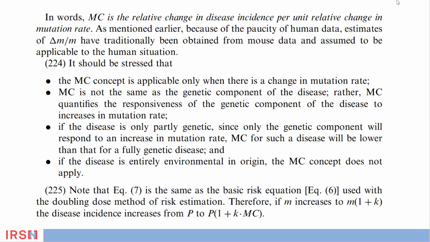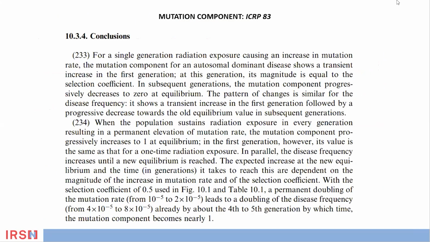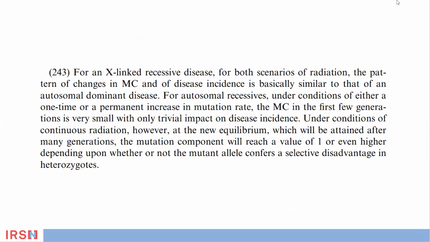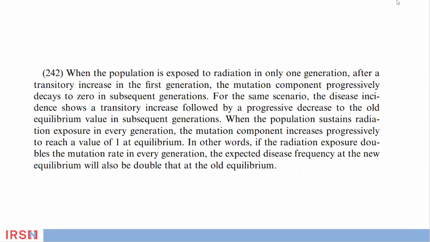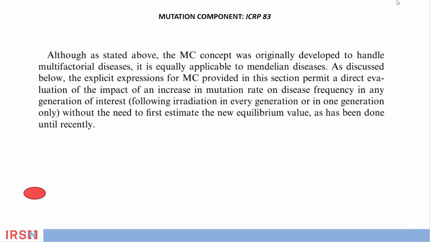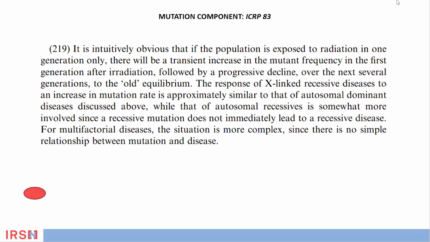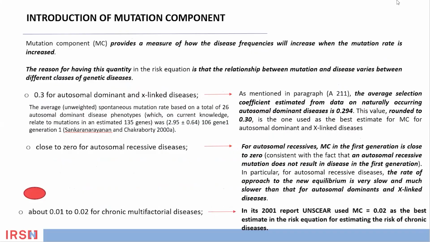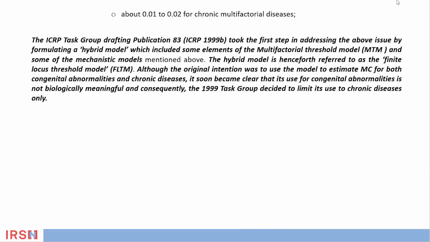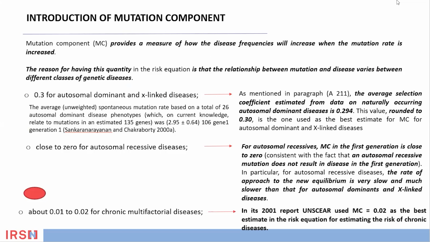So I do not remember precisely the slide, but there is one where you discuss how they derive the mutation component. And they discuss that they try to apply the model, but finally they avoid the model and they come back only to stochastic effect. So beside what has been done in publication 103, it would be good to see if among the effects we need to consider threshold or not, or if some effect has a threshold, and what could be the consideration on that.